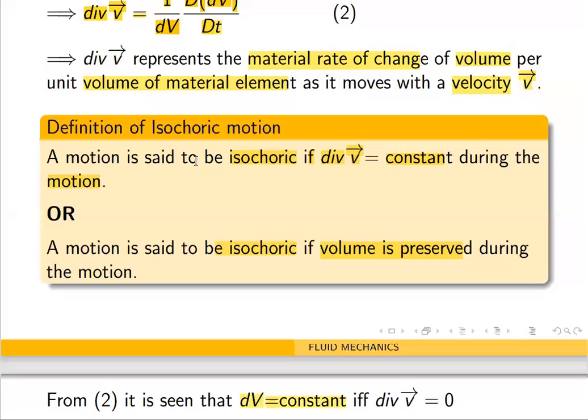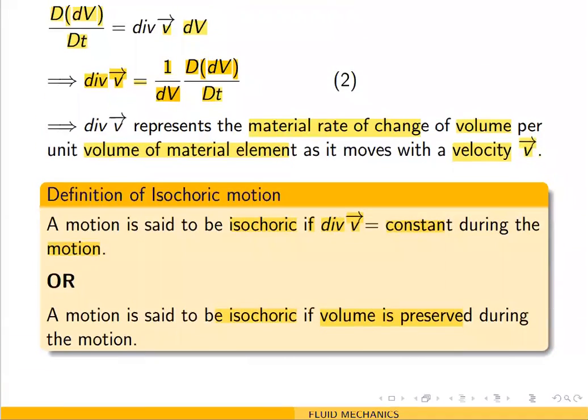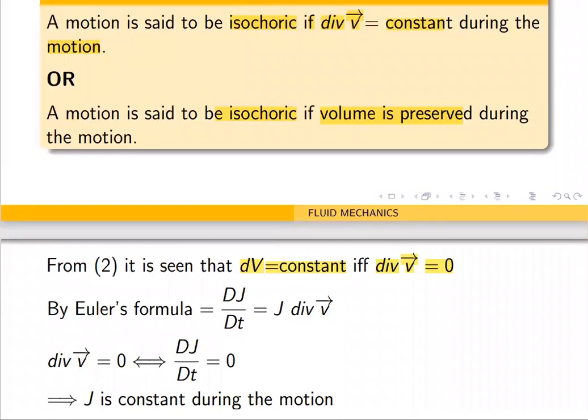From equation 2, it is seen that dV equal to constant if and only if divergence v is 0. Just watch equation 2. Equation 2 says, if divergence v is 0, then we get capital D V by D t equal to 0. That means this dV is equal to constant. So from equation 2, dV is constant if and only if divergence v is 0.